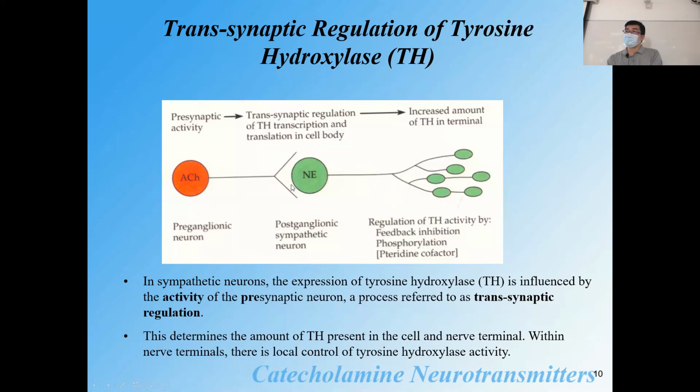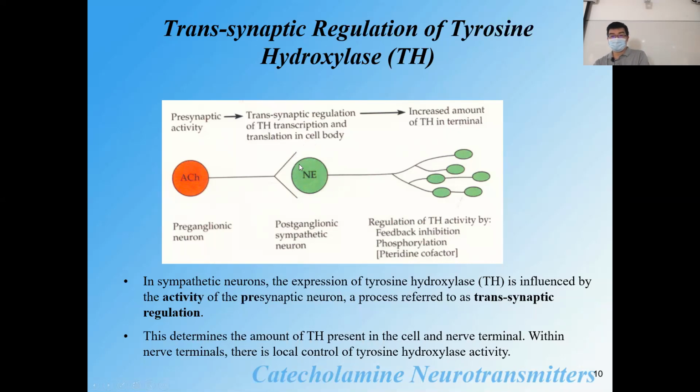Yes, there's certainly more room to modulate. It depends on what signal. It can be a hormone, for example steroids, or other signaling mechanisms. This is just an example of how the activity of the preganglionic neuron can have a synaptic regulation on the tyrosine hydroxylase activity.